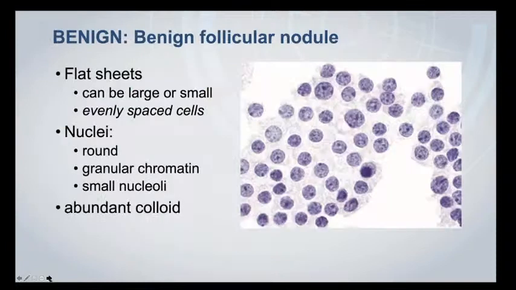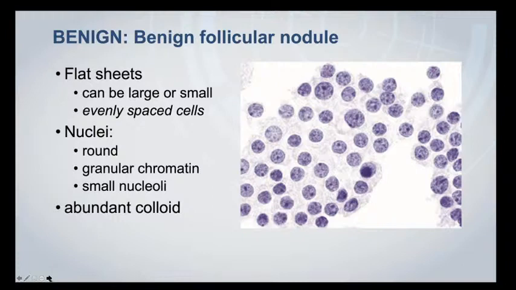We also talked about the benign category, and the largest subcategory of the benign category is the benign follicular nodule. We defined a macrofollicle as typically a flat sheet, which can be either large or small, comprised of evenly spaced, benign appearing thyroid follicular cells that are showing good social distancing.